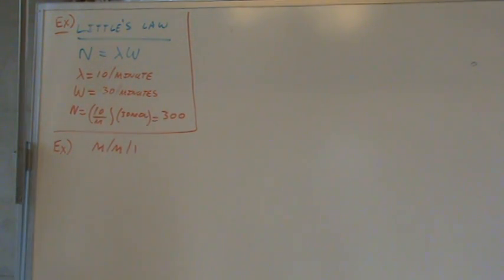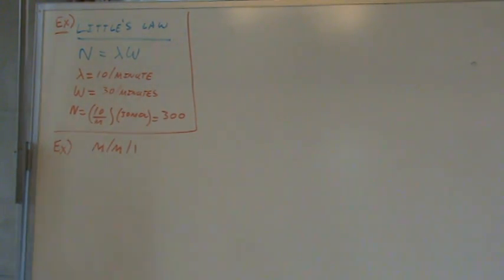An MM1 queue is a queue that has random Poisson arrivals with a certain rate, Poisson service time, meaning we have an average, but it's totally random. It could be a fraction of a second one time, a ton of time to do service another time, and we have one server.